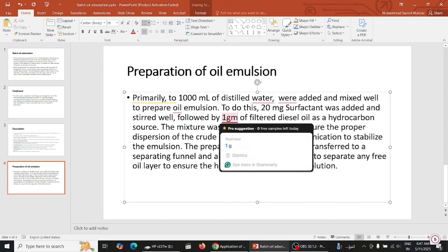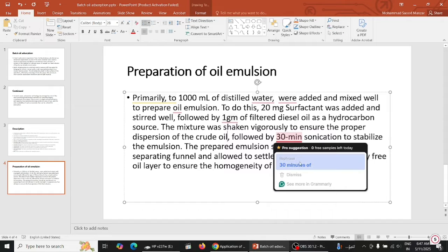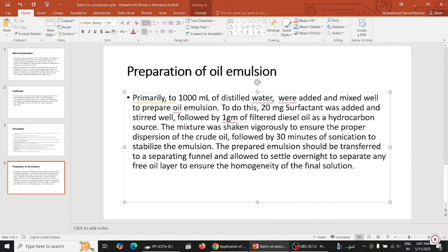So we are taking oil in terms of weight, okay, which is the source of the hydrocarbon. So this is the filtered diesel oil, and this mixture will be shaken vigorously to ensure there is proper dispersion of the crude oil, followed by 30 minutes sonication. This is as per literature, to stabilize the emulsion so that there is a well homogeneous oil water mix, because we all know that oil is not miscible in water.